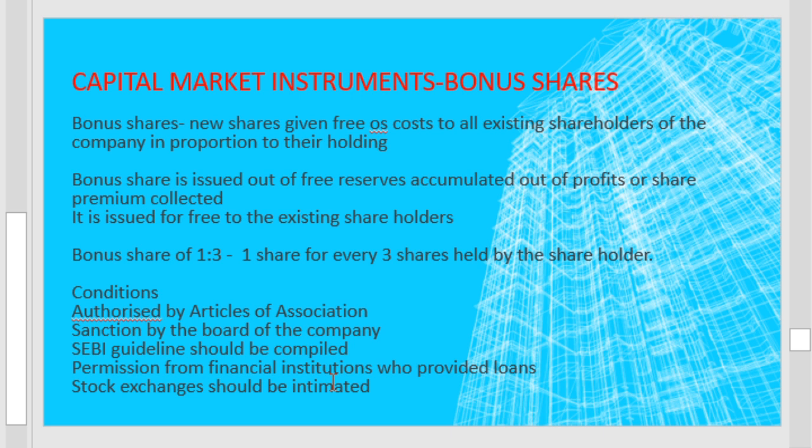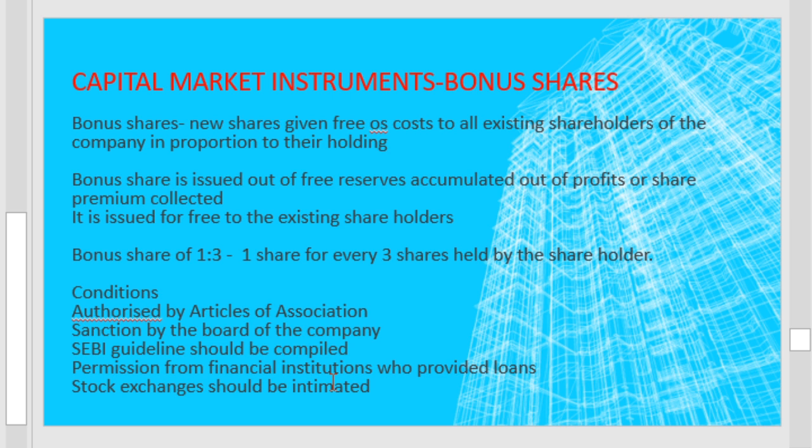They are: the bonus issue should be authorized by the articles of association of the company. Second, shareholders must sanction it in the general meeting on the recommendation of the board of the company. It should be in tune with the SEBI guidelines.